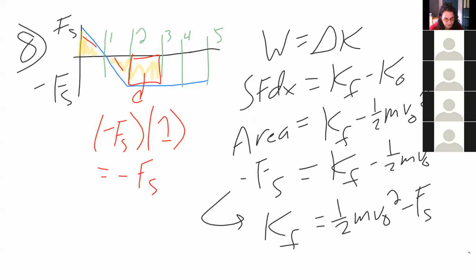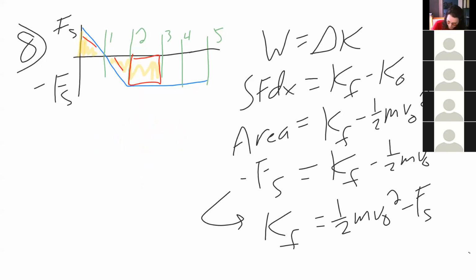For part B, they're going to give you a final kinetic energy that you're targeting, and they're going to ask you to find the x value where that kinetic energy is reached. So in that case, f sub s comes from the problem, so it's going to be on the diagram.